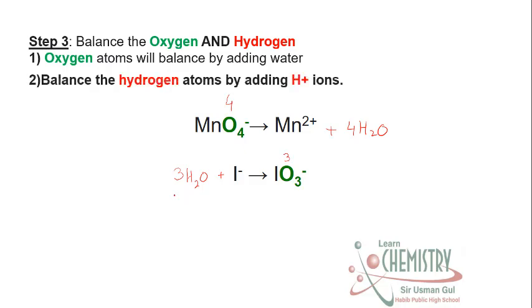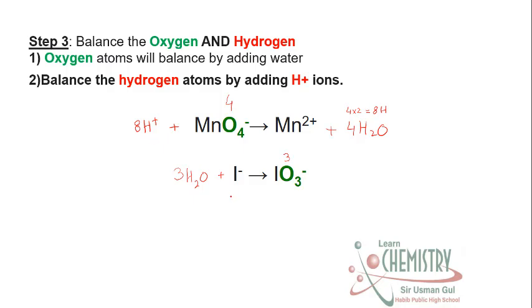To balance the hydrogen in both half reactions we will add H+ ions where the hydrogen is less. In the first half reaction there are 4 multiplied by 2, 8 hydrogen on the right hand side. So to balance the hydrogen in the first half reaction we will add 8H+ ions on the left hand side. Now hydrogen is balanced in the first half reaction.